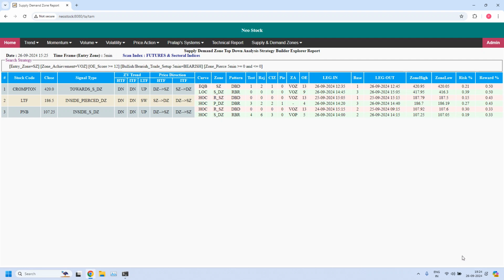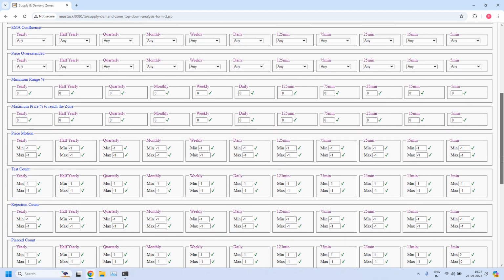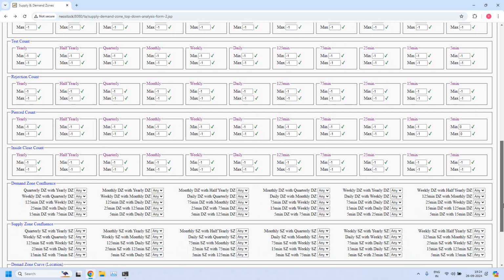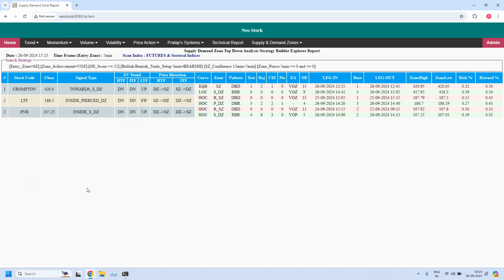Okay, now let's verify how many of these stocks are having ITF confluence. That is 5 minute supply zone with 15 minute supply zone confluence. So I'm enabling the filter. Let's verify. All the 3 stocks are part of the 15 minute zones. 15 minutes trend is downtrend.